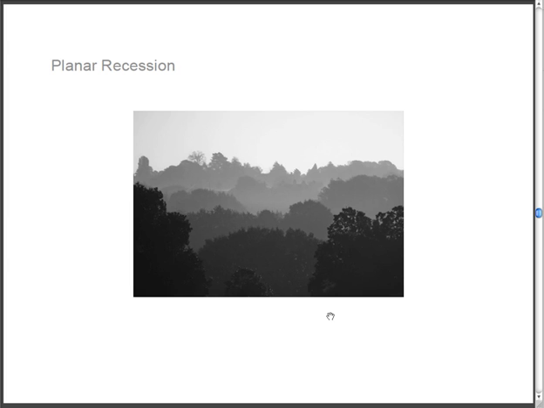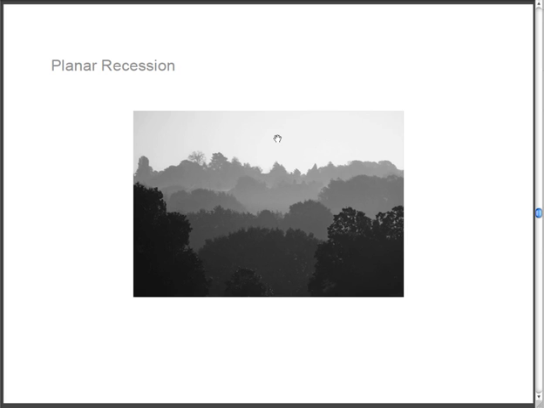We have a foreground plane on which the closer trees, the darker trees, are placed, and then we have a plane behind it indicating some distance. They're slightly lighter. Then there's a plane behind that, slightly lighter than the one before it, the plane behind that, the plane behind that, and we keep going till we get to the sky.